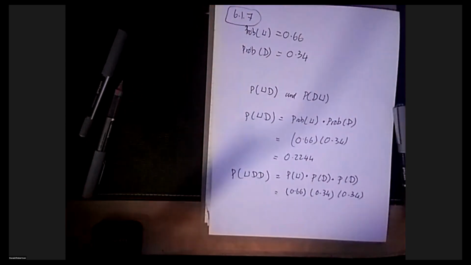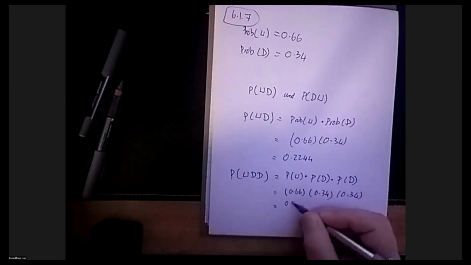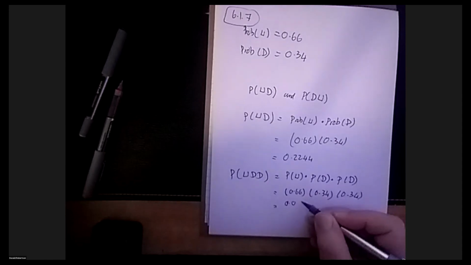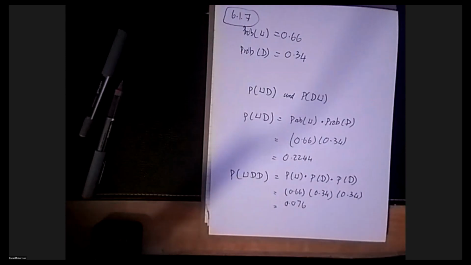So 0.66 times 0.34 times 0.34, and I am looking at a very small percentage, 0.076. All you need to do is read the question, because sometimes they say to 2 decimal places, or 4 decimal places, and make sure you round off accordingly when they say that.